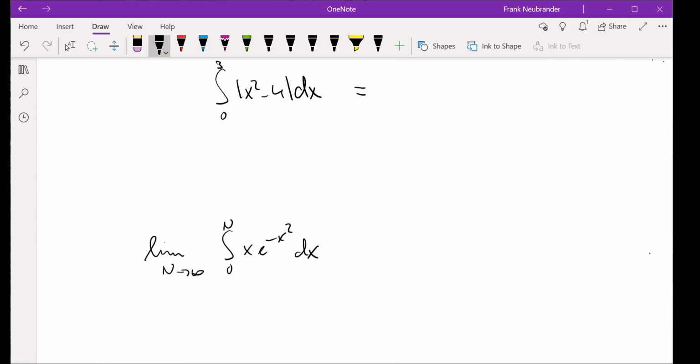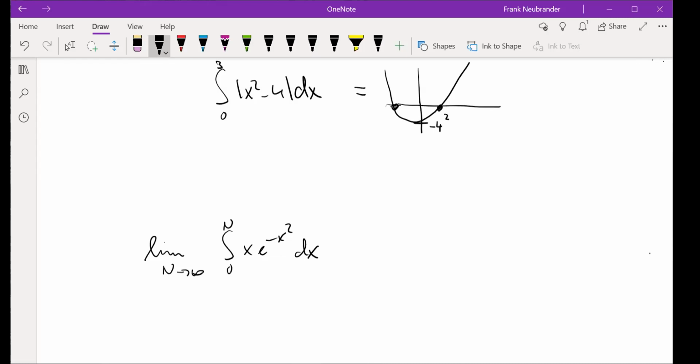So you have x squared minus 4. If you turn on your graphing calculator, this has zeros at 2 and minus 2. So it's a parabola that looks like this. Here at 0, it's at minus 4. And you go from 0 to 3.